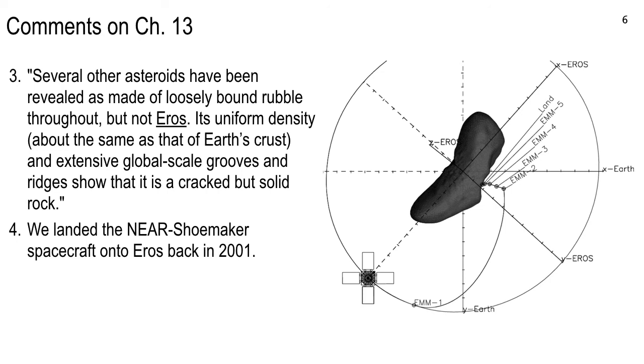But it's solid, so it's probably a fragment of something. It might be a fragment of Mars or one of the moons of Jupiter. But probably not a fragment of Earth, our moon, or whatever it was that collided to form our moon.